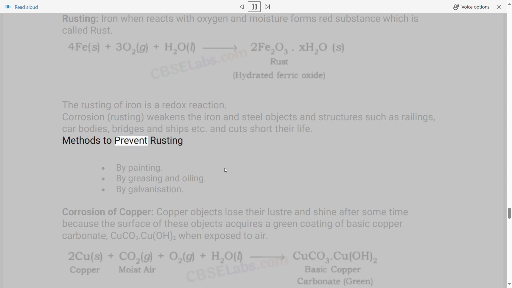Methods to prevent rusting: one, by painting; two, by greasing and oiling; three, by galvanization. Corrosion of copper: copper objects lose their luster and shine after some time because the surface of these objects acquires a green coating of basic copper carbonate, CuCO3.Cu(OH)2, when exposed to air.